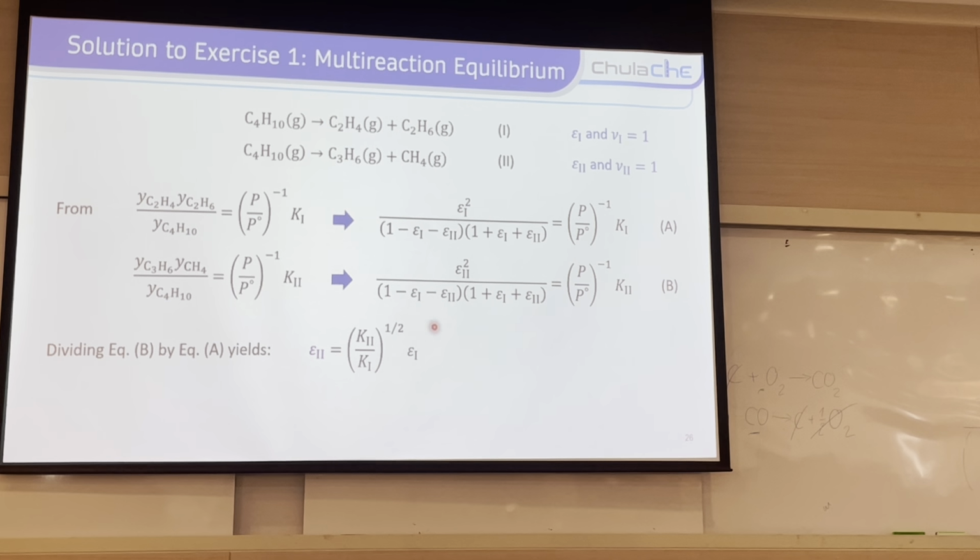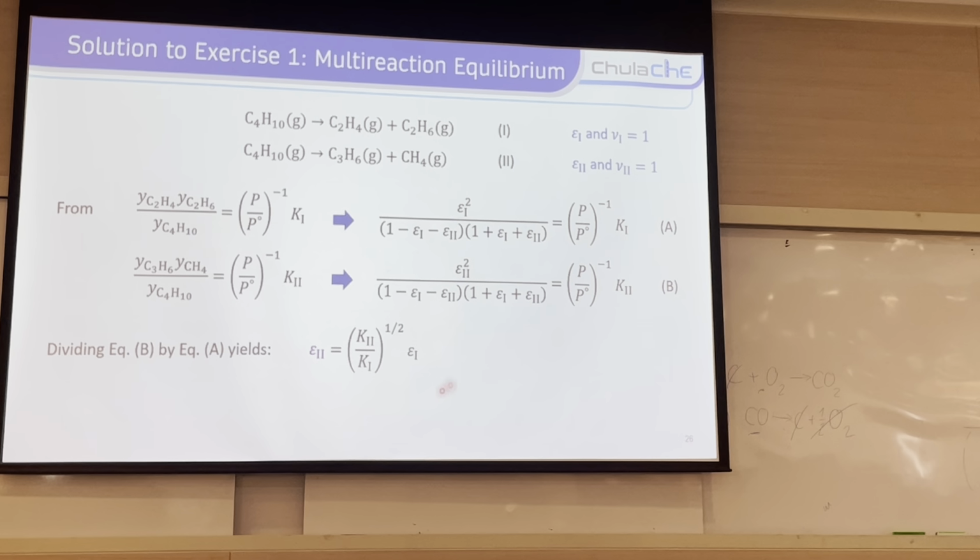If you rearrange a little bit and take the power of 1/2, then you get the reaction coordinate for reaction 2 equal to the ratio of the equilibrium constant for reaction 2 over the equilibrium constant of reaction 1, to the power of 0.5, times the reaction coordinate for reaction 1.